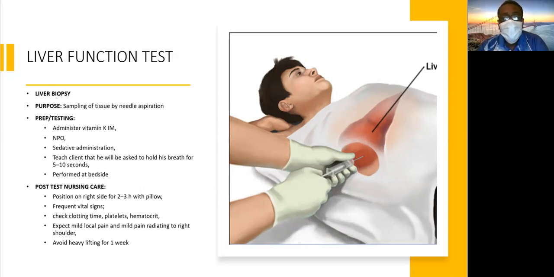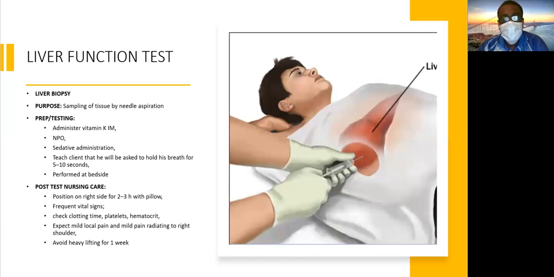After the test, you want to position the client on the right side for 2 to 3 hours with a pillow under the costal margin. Again, you want to put pressure to prevent any bleeding. You need to carry out frequent vital signs to detect hemorrhage and shock. Check clotting time, check platelets, check hematocrit levels.